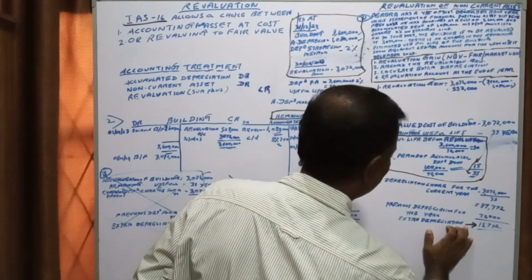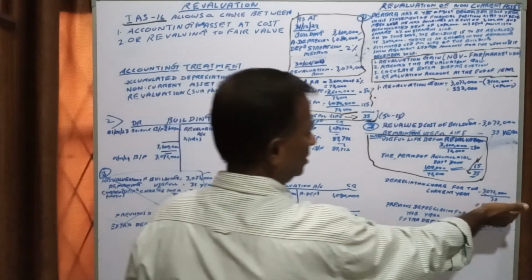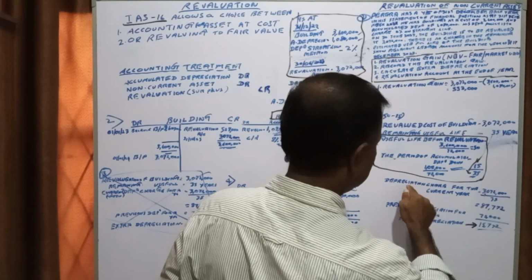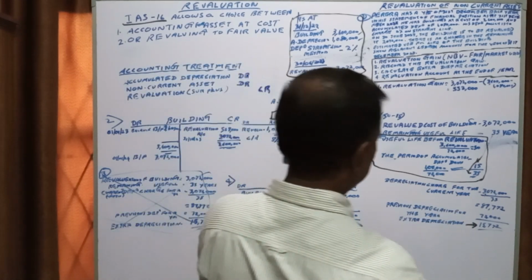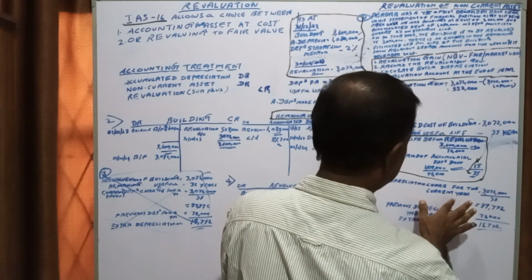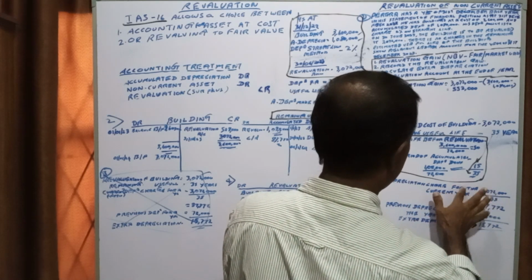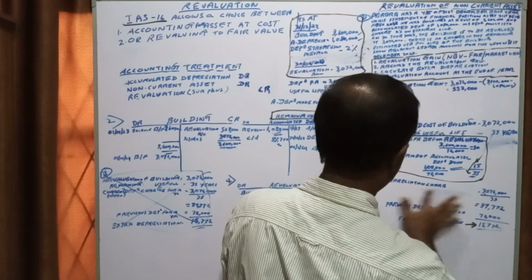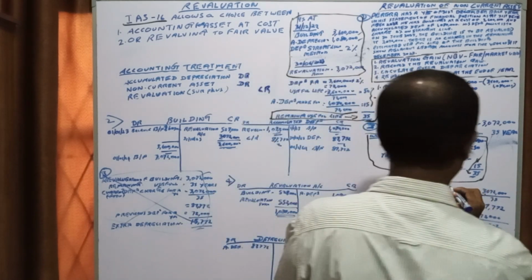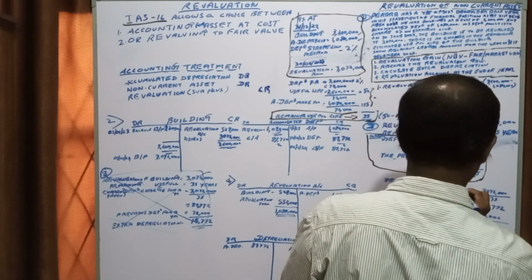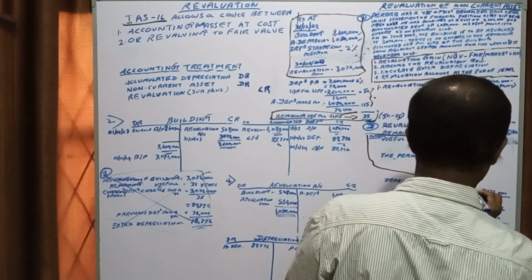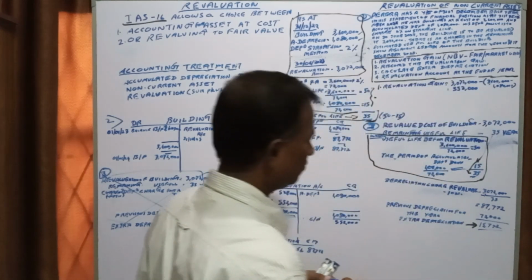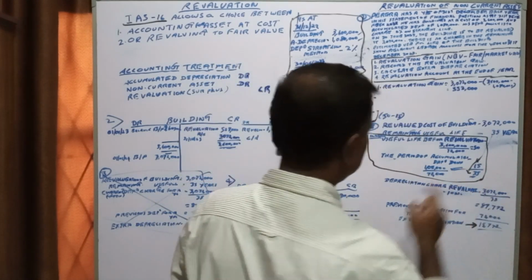So what is the extra depreciation we are making? The new depreciation charge after revaluation is 87,772.